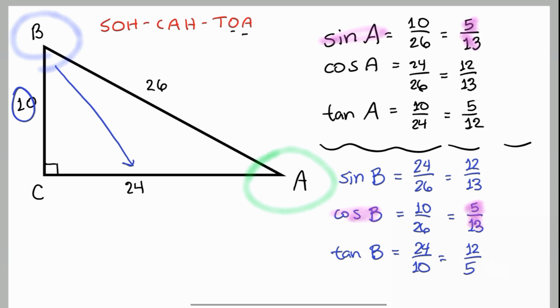If we look at cosine of A, that's 12 over 13, and that's the same thing as the sine of B being 12 over 13. So you've got sine and cosine being the same. The sine for angle A is the same as the cosine for angle B, and the sine for angle B is the same as the cosine for angle A.